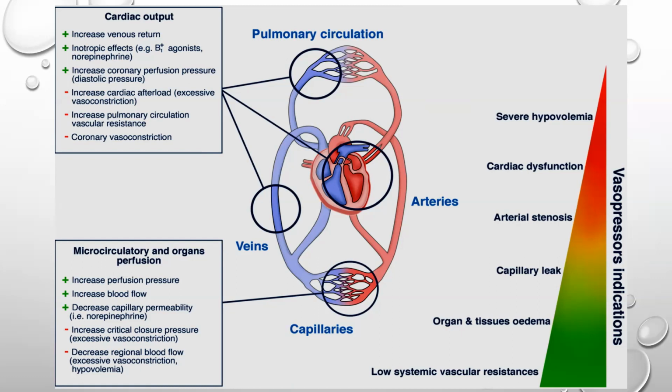So we have to keep this in mind if your patient has pulmonary hypertension as well, because if you increase the systemic vascular resistance, including the pulmonary vascular resistance, then the pulmonary hypertension will worsen, and then the cardiac output will be less also. And then ultimately, it can lead to coronary vasoconstriction and minimize the perfusion to the heart. These are the side effects at the level of the heart.